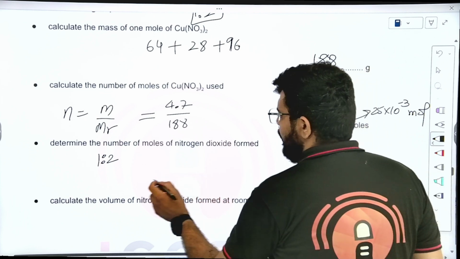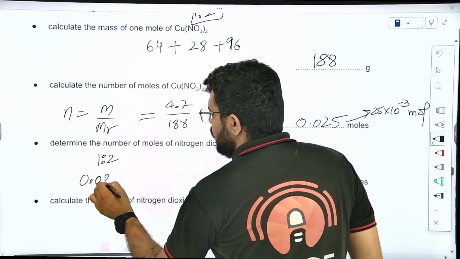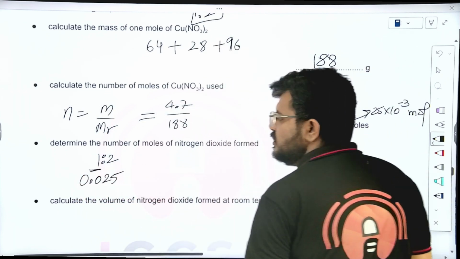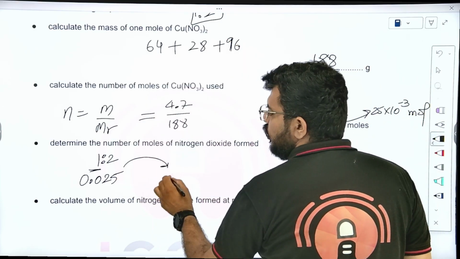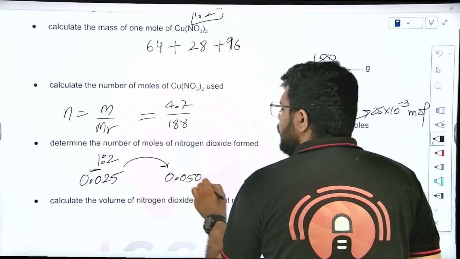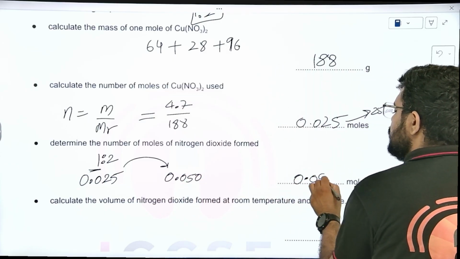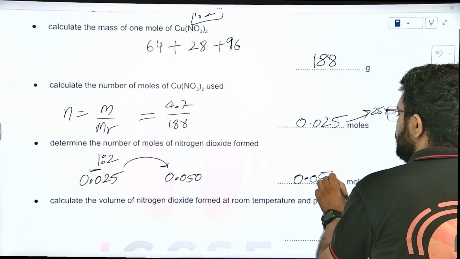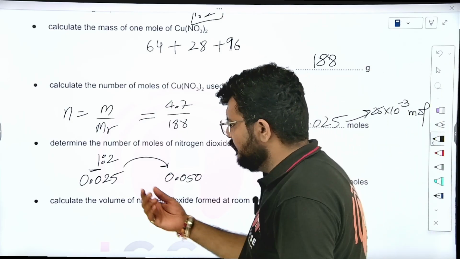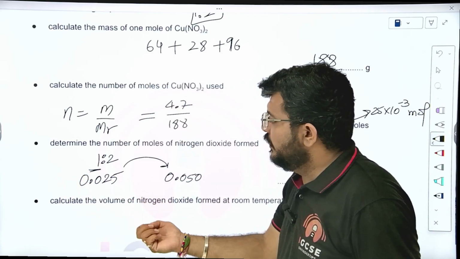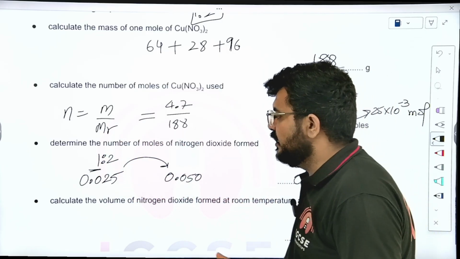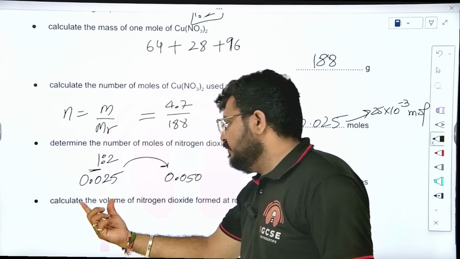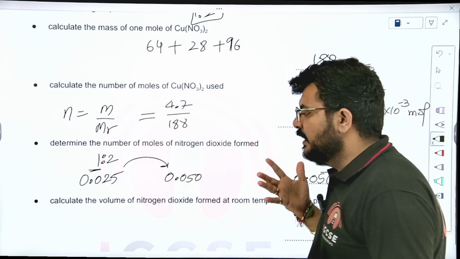That means if the reactant is 0.025, only double of that can be the mole of product, so 0.050. If 1 mole of copper nitrate gives 2 moles of nitrogen dioxide, 0.025 will give twice the moles of nitrogen dioxide.